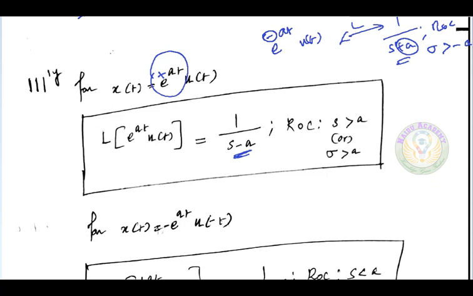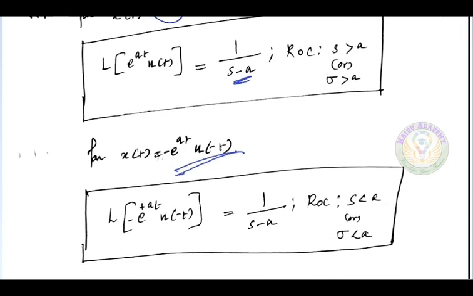Okay, similarly for this function, minus e power at u of minus t. We already know that the Laplace transform of minus e power at u of minus t is 1 divided by s plus a.